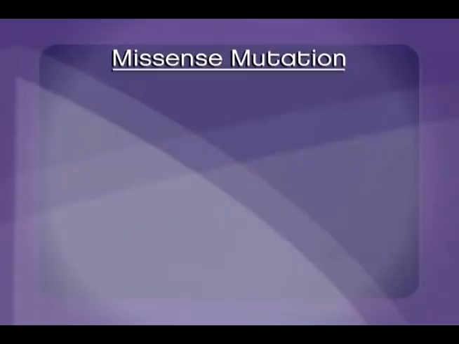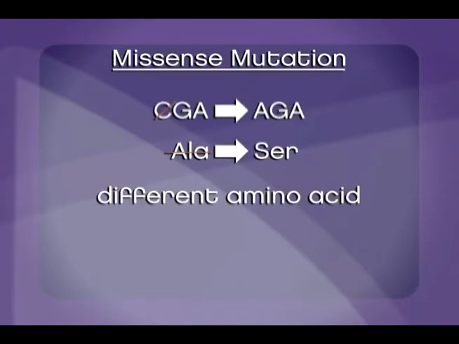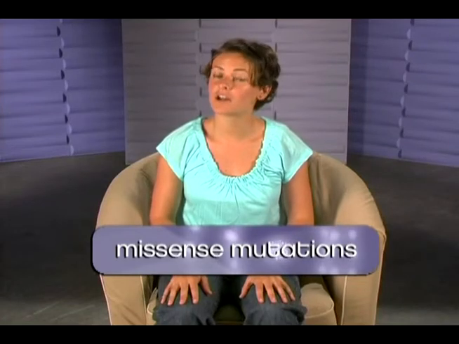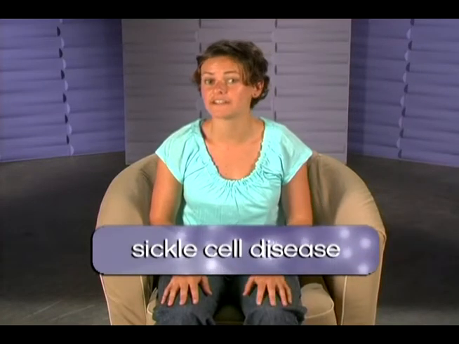So a missense mutation is when just one base has been changed, resulting in a codon for a different amino acid. Well, at least the codon is referring to an amino acid, so it still makes sense. It's just the wrong amino acid. Like if I said the sky is purple. That would be wrong, but it would still be a complete sentence, and purple is still a color. It's just the wrong information. Missense mutations can be the cause for certain diseases, such as sickle cell disease.